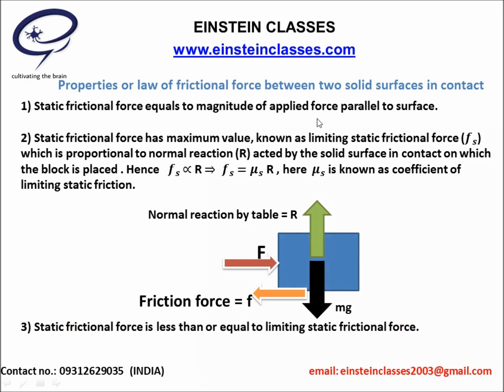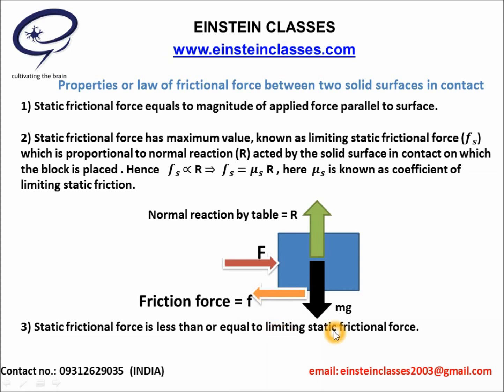From these 3 points, one can deduce an important point: the block will be at rest on the table as long as the frictional force acting on the block is static friction, and the value of static friction has a certain maximum value.